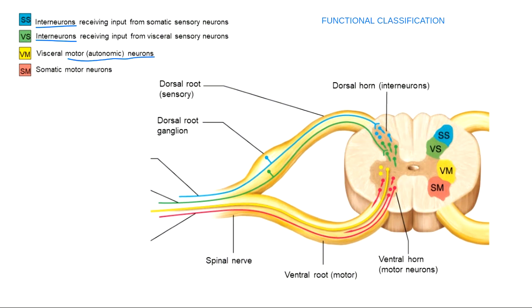And the red stuff is also motor neurons. First really important thing for us to know when we're looking at this picture to help us out with our studying, we need to know those functional classifications. So interneurons are found in the blue part and the green part. My motor neurons are found in the yellow part and the red part.